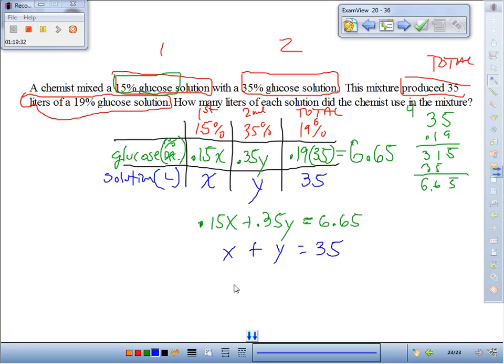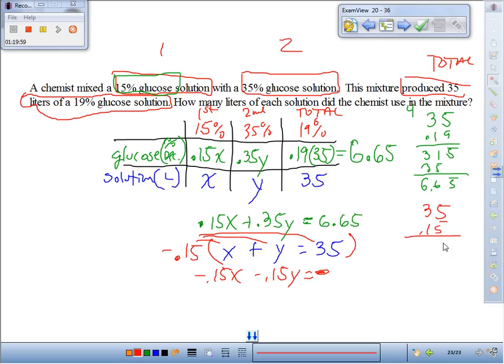So, which one do you want to eliminate, the x or the y? X, so therefore we need to multiply the entire equation times negative 0.15. So we're left with negative 0.15x, negative 0.15y equals negative, let's see, 35 times 0.15, that's 5.25. All right, let's eliminate.